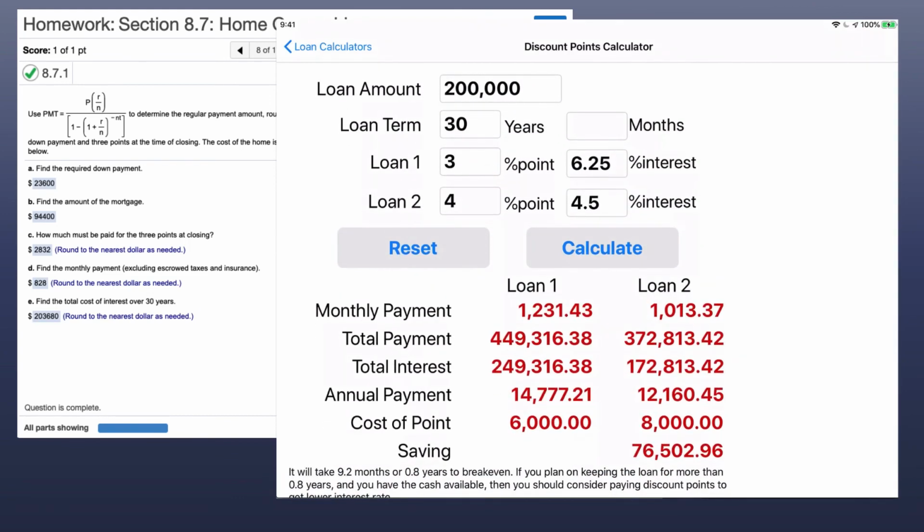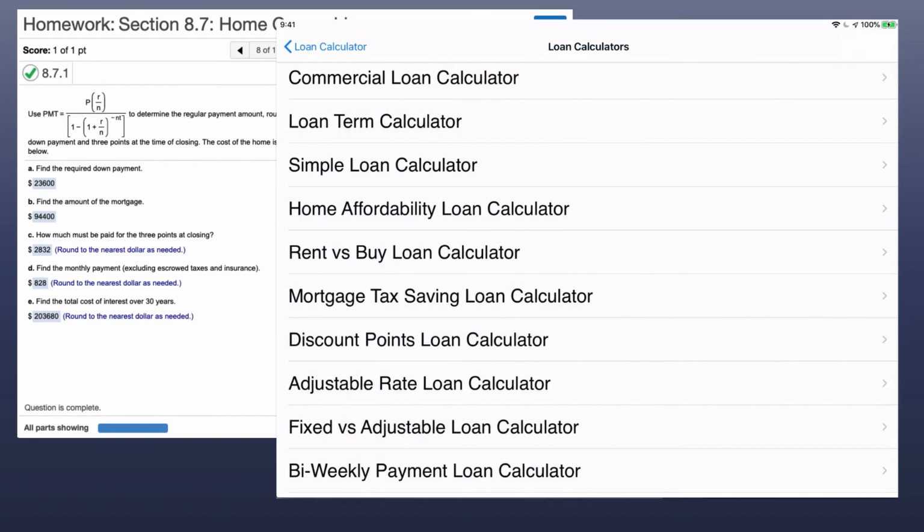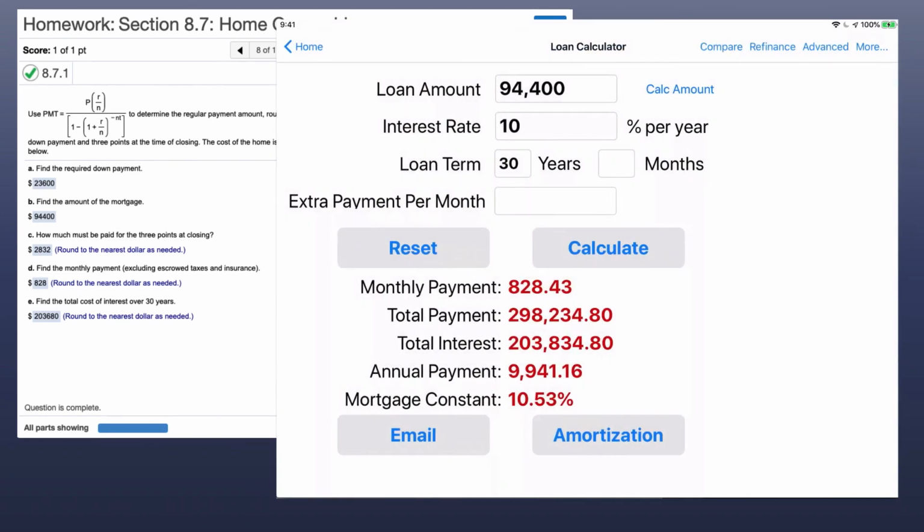So there's a whole slew of things in here in this loan calculator on this app if you dig in and kind of play around with it more. But if you want to just keep it real basic and simple, here's this loan calculator, and there's how to use it.